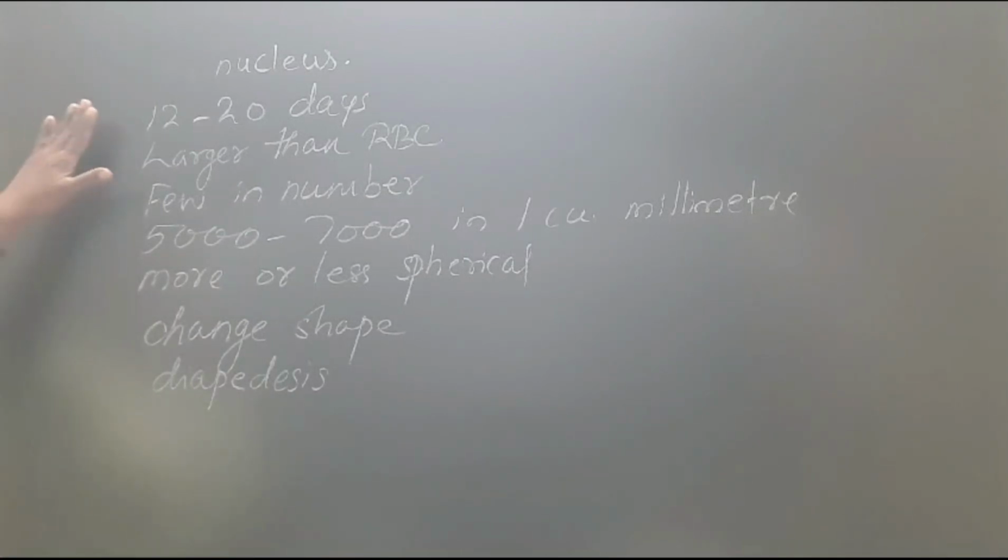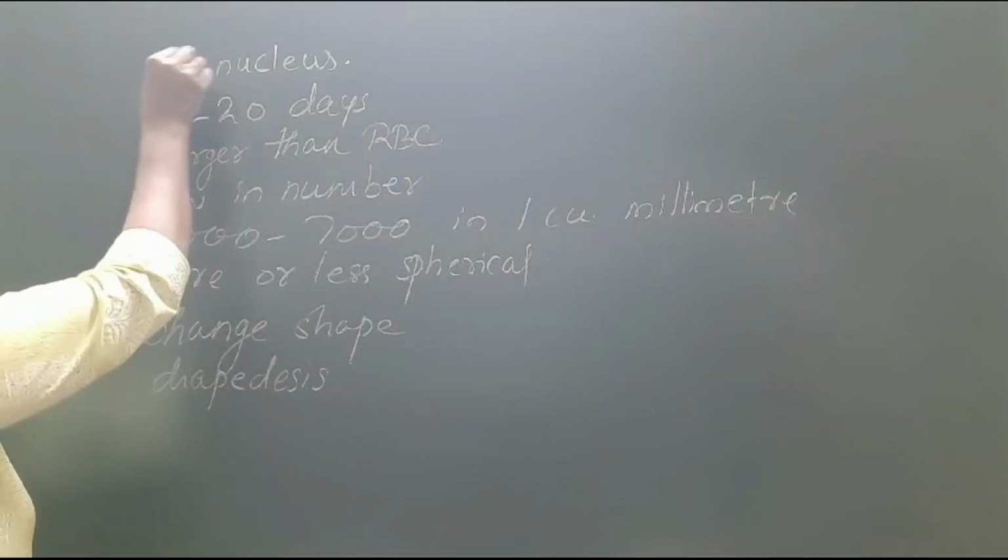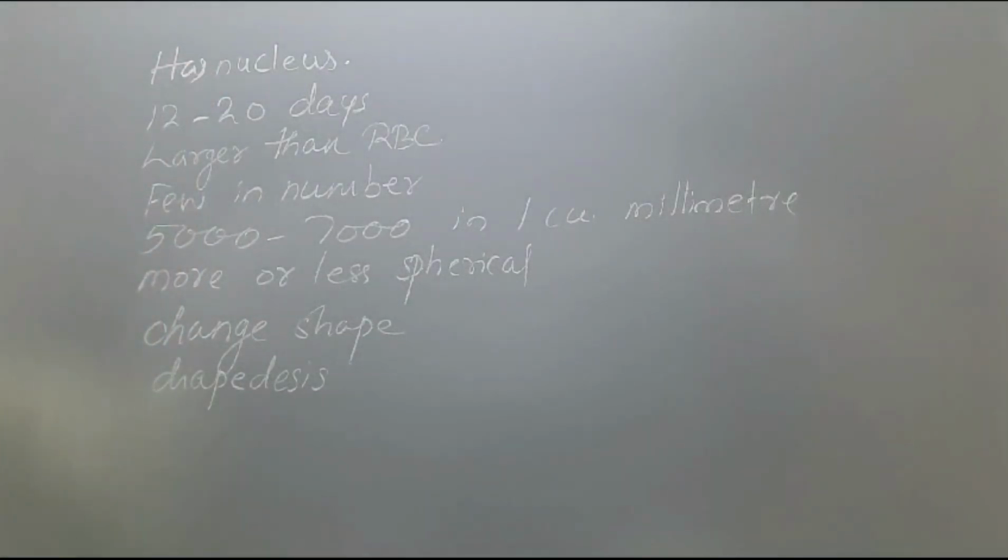Once again, let's see about WBC. WBC has a nucleus, and the lifespan is 12 to 20 days. They are larger than RBC. They are fewer in number, about 5,000 to 7,000 in 1 cubic millimeter of blood.